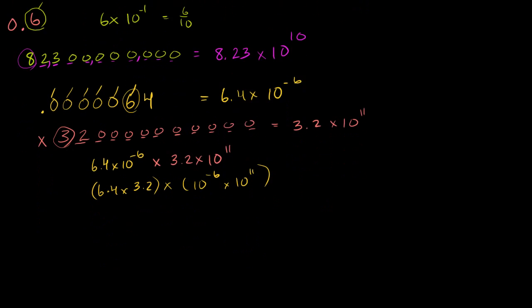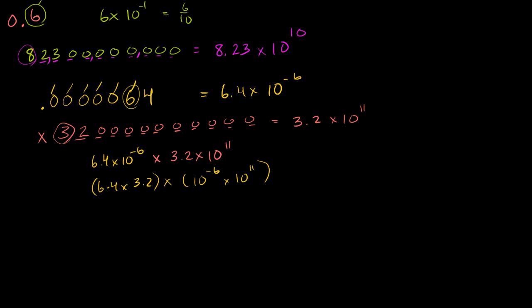And now what will this be equal to? Well, I don't want to use a calculator, so let's just calculate it. 6.4 times 3.2. Let's ignore the decimals for a second. We'll worry about that at the end.